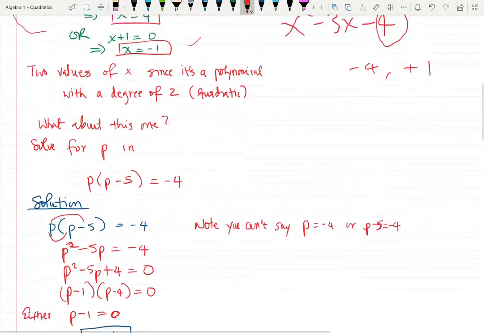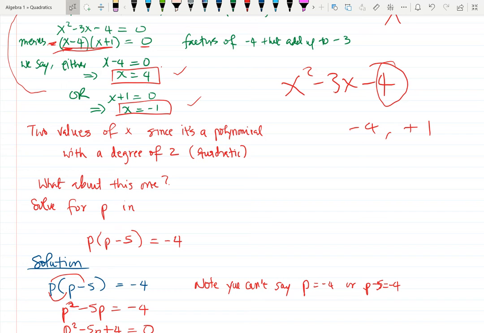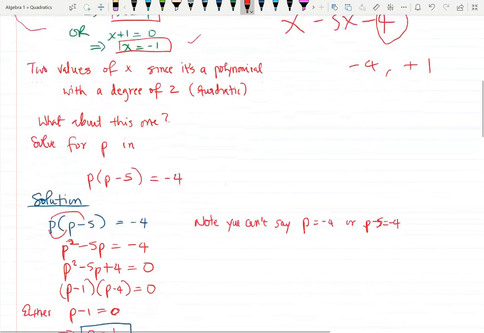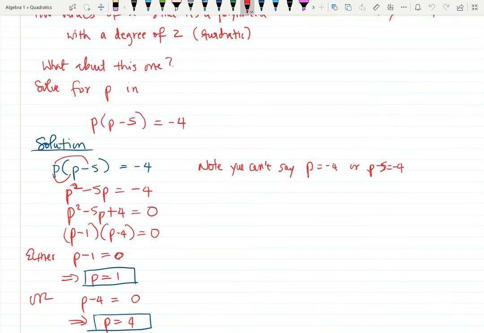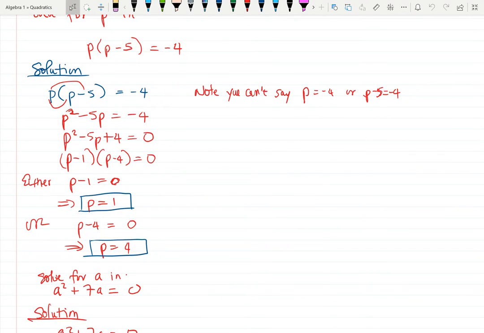Now let's try another one. What about solving p times p minus 5 equals -4? How do we solve that? First we open the parenthesis: p squared minus 5p.